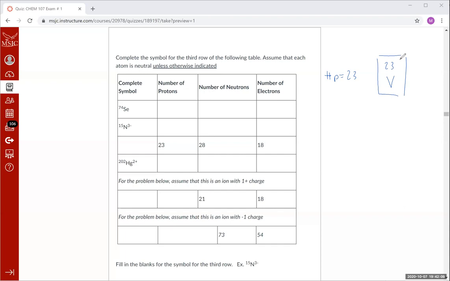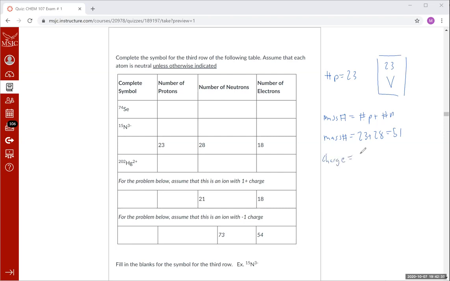So now that we have the symbol established, let's calculate the mass number that we need. The mass number is equal to the number of protons plus the number of neutrons. That gives us a mass number of 23 plus 28, which is 51.